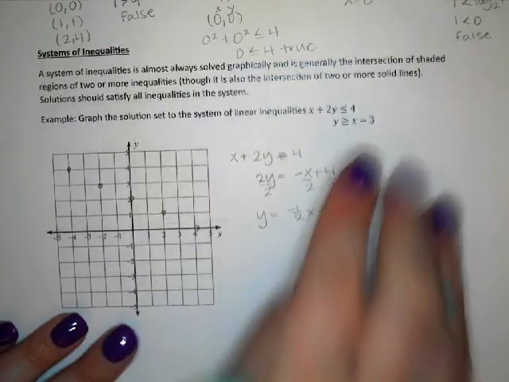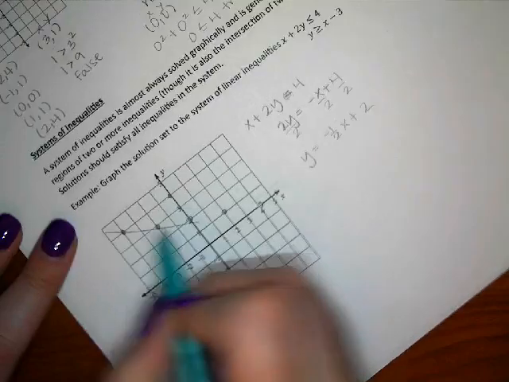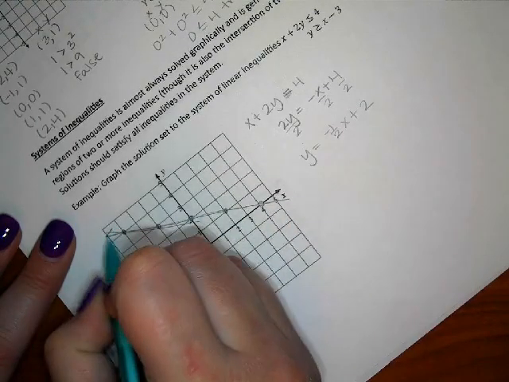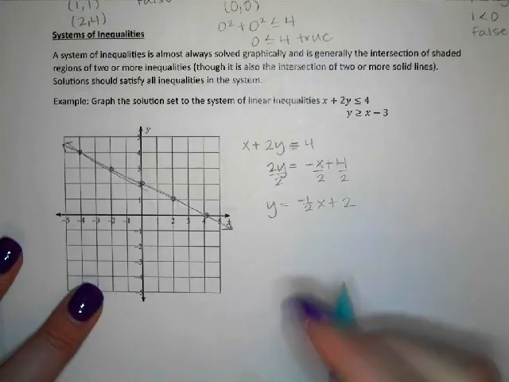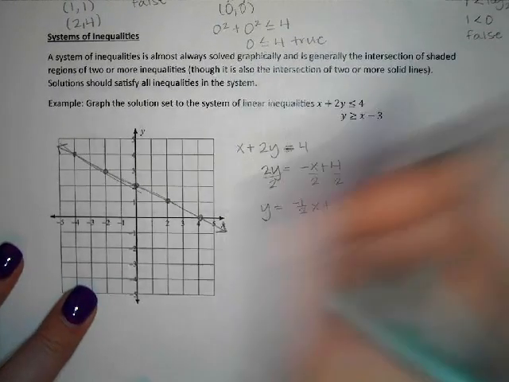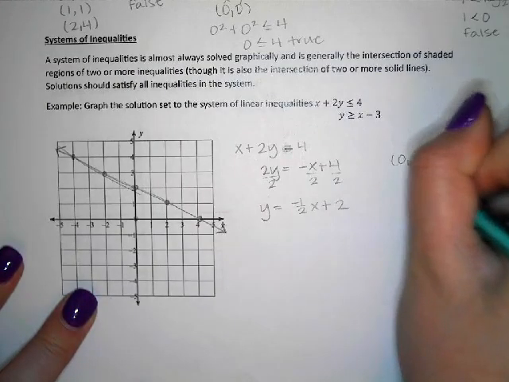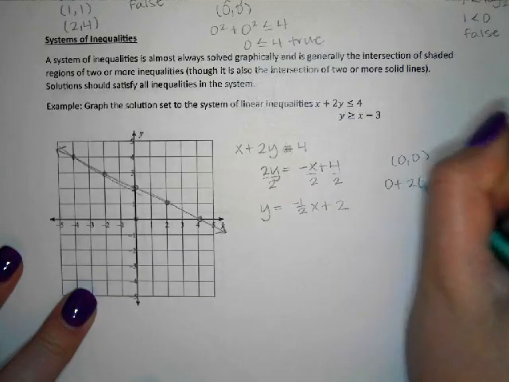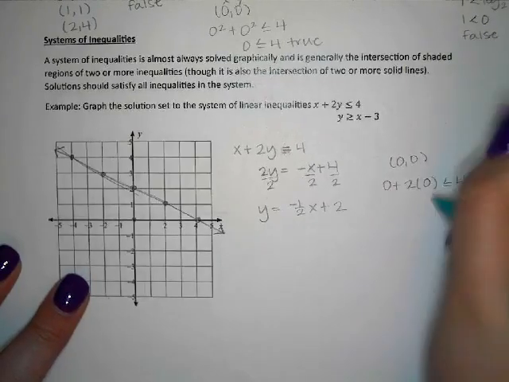Oh, that's not very straight. That's better-ish. Okay. And then I'm going to figure out my shading. So I'll go ahead and use the point 0, 0 because that's right here. So 0 plus 2 times 0 is less than or equal to 4. 0 is less than or equal to 4, and that is true.